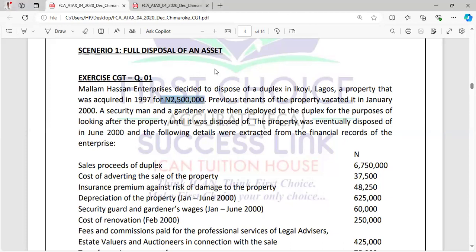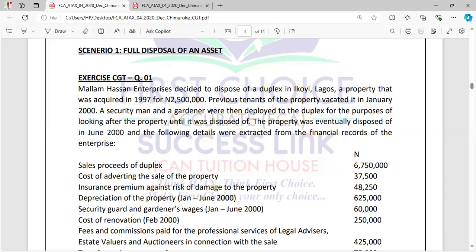Now, as you are reading, what is coming into your mind? This 2,500,000 is the acquisition cost, because you see the word here, acquired. It was acquired in 1997 for 2,500,000. So 2,500,000 is your acquisition cost, the original acquisition cost.